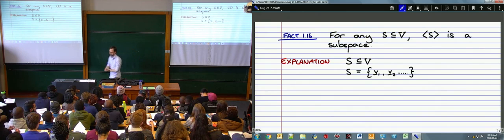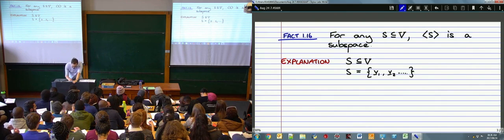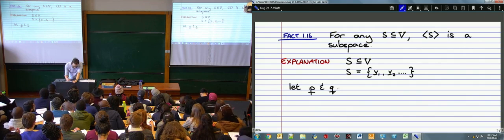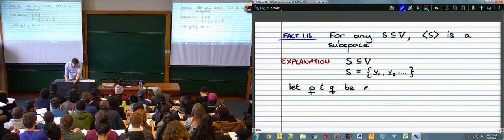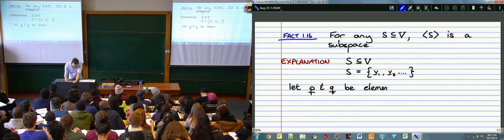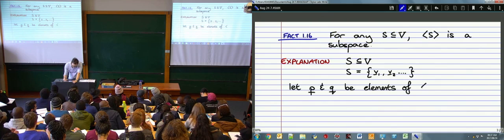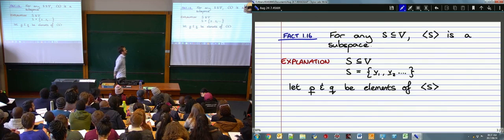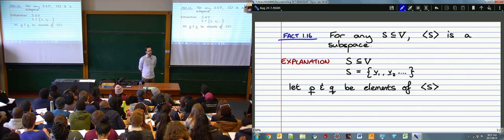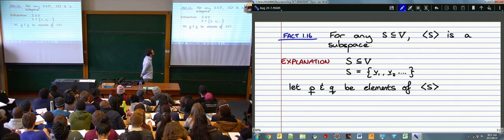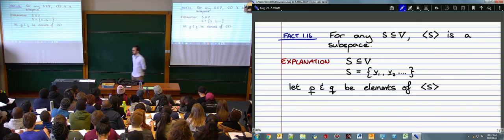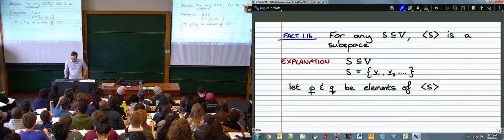Let's call them P and Q. Right, so let P and Q be elements of the set which is generated by S. So if P and Q are elements of this set which is generated by S, we could write P and Q in the following way.